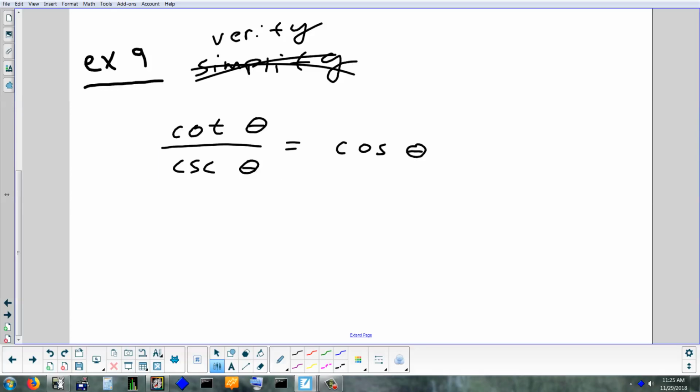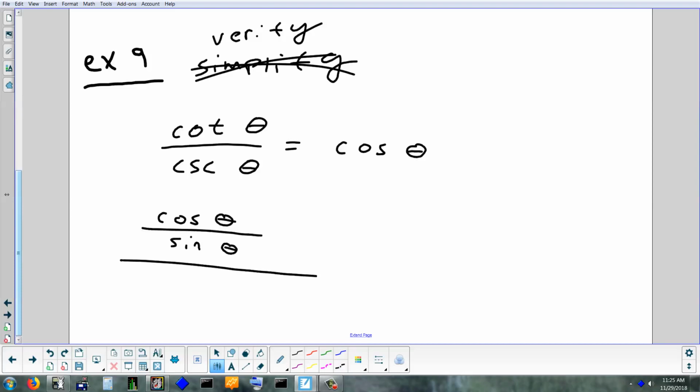Right? So let's start with cotangent. How can I rewrite cotangent in terms of sine and cosine? Yep. Cosine divided by sine. So I have that.